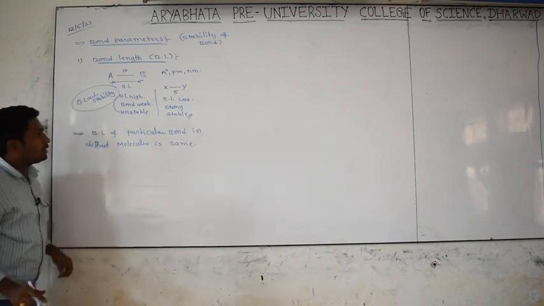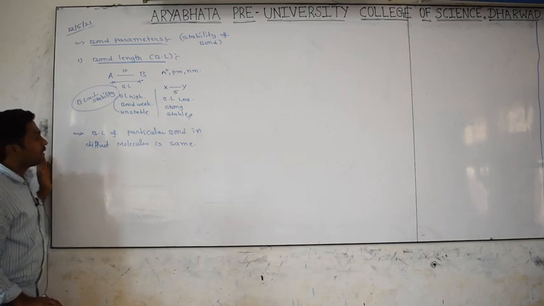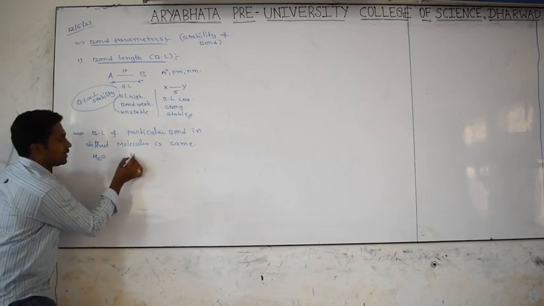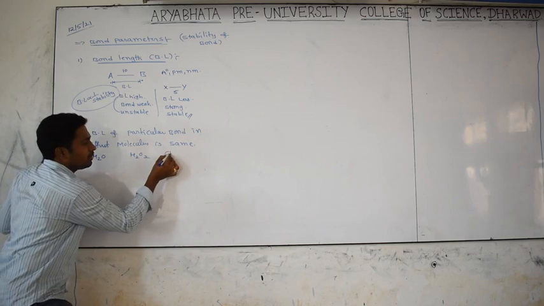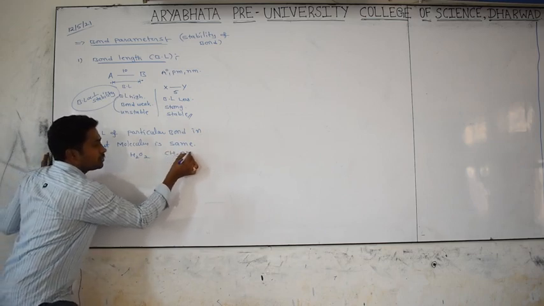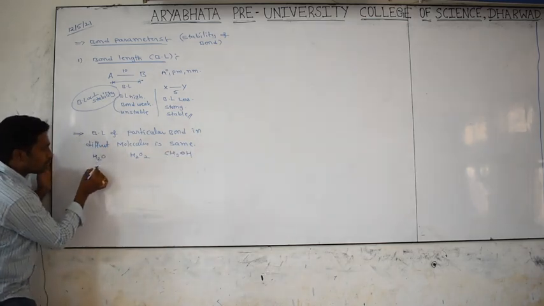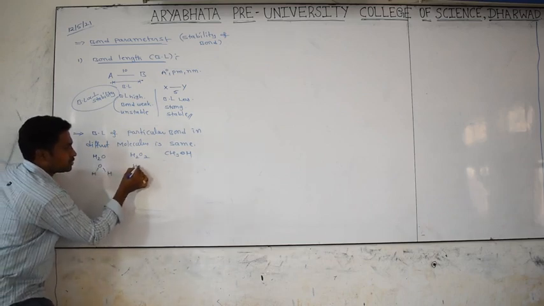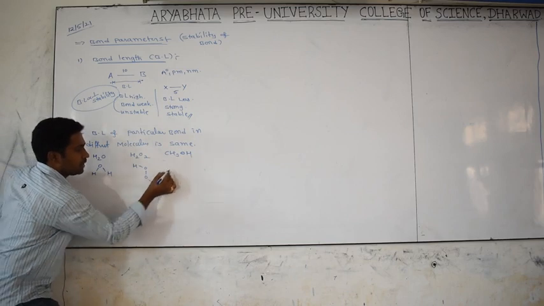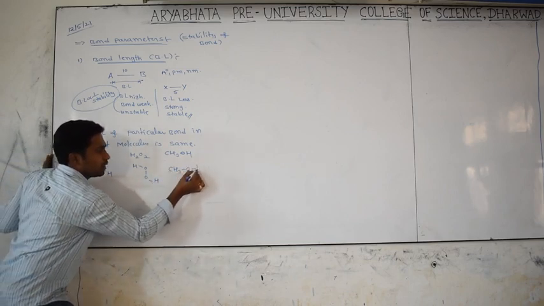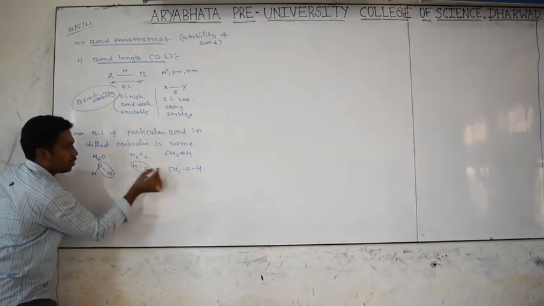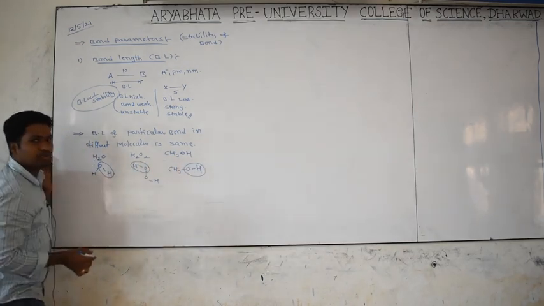Now I am taking H2O, H2O2, and CH3OH. In all these different molecules, which bond is commonly there? The OH bond will be there.